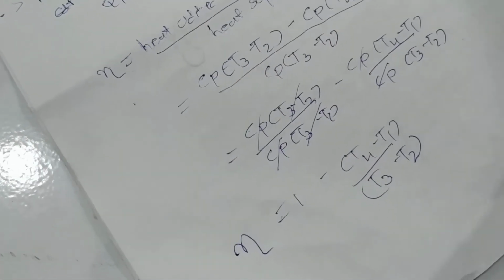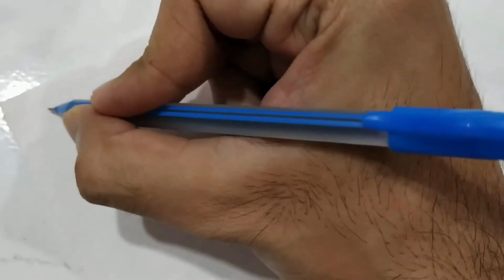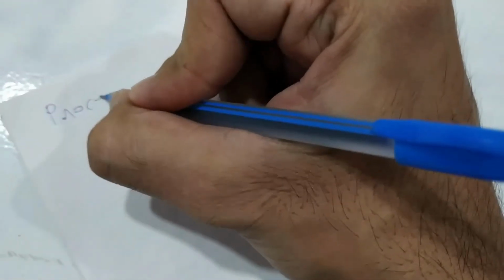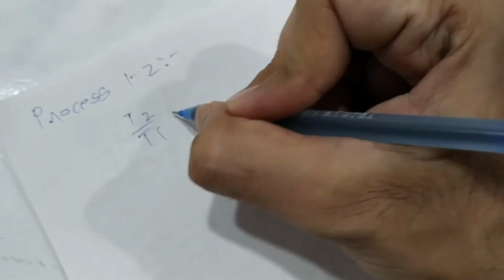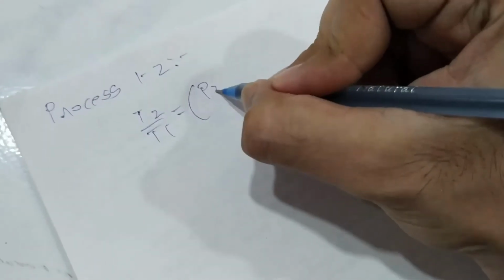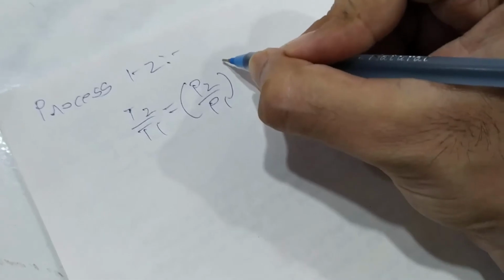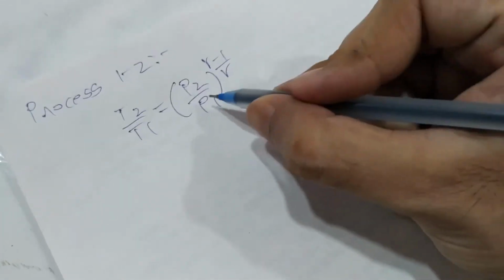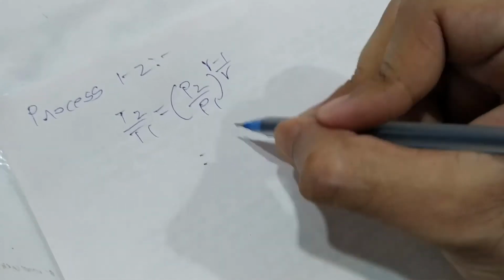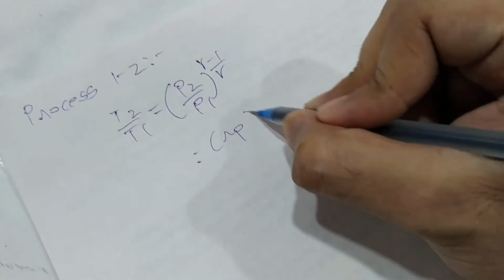I will turn the page. T2 is more than T1 and P2 is more than P1, and the exponent gamma minus 1 upon gamma is in the formula, and P2 upon P1 is the pressure ratio, which we can take as Rp.